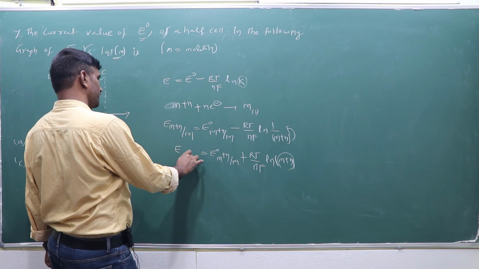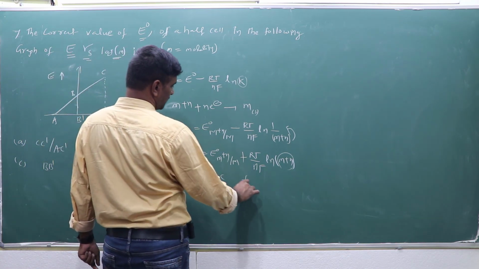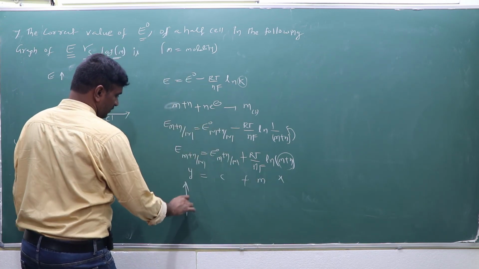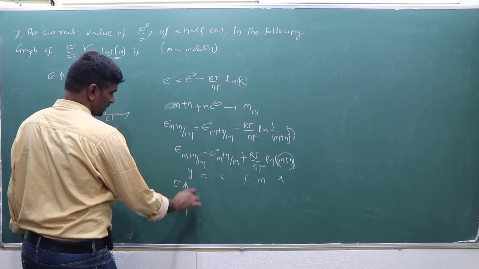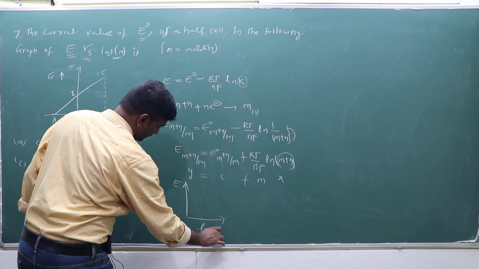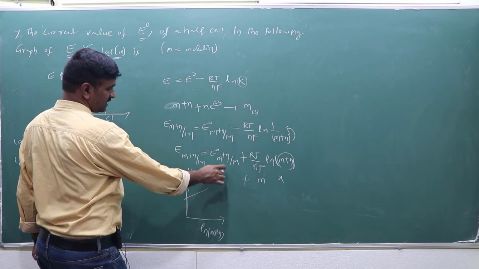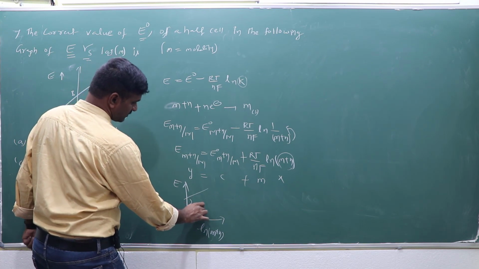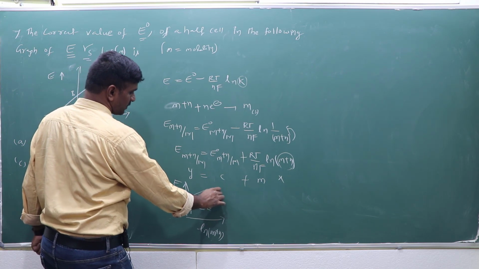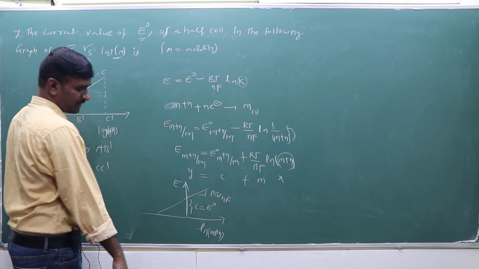So the plot between y-axis E and x-axis ln M plus N, the concentration of the species, and C is the intercept. This intercept C is equal to E naught, and the slope is RT by NF. By extrapolating, this happens.